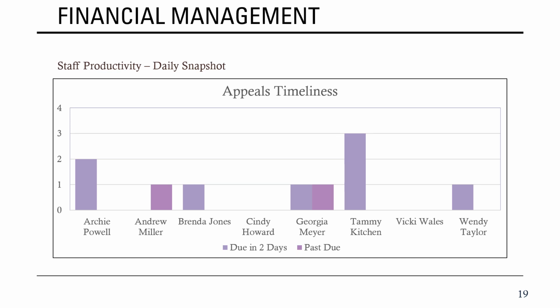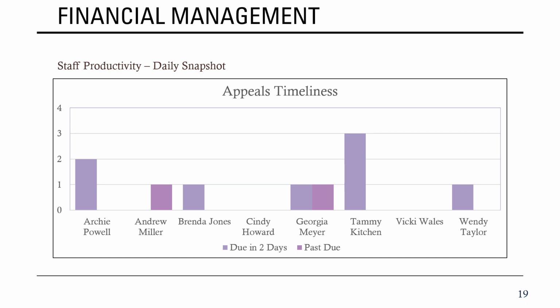So what I recommend is, when you have appeals that are past due, if they're past due by a day or 2 days, that you contact those staff members and say, what's going on? Is there something we can help you with? Are you waiting on some documentation that you don't have, or what's going on?